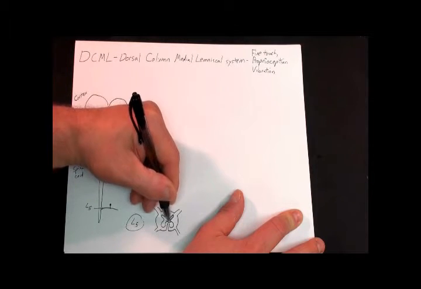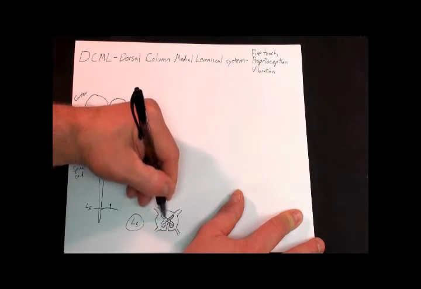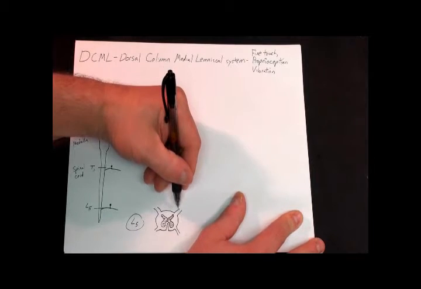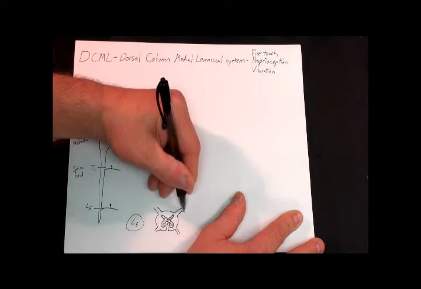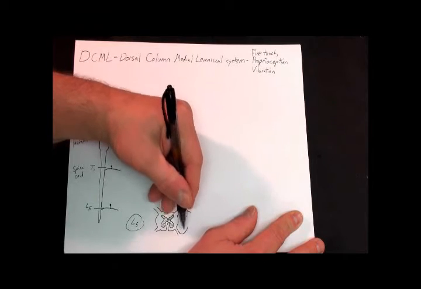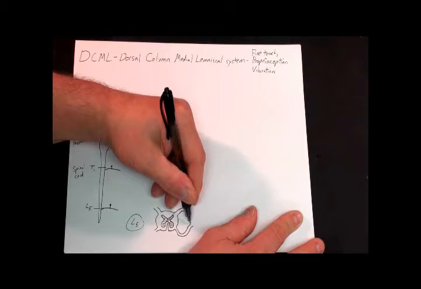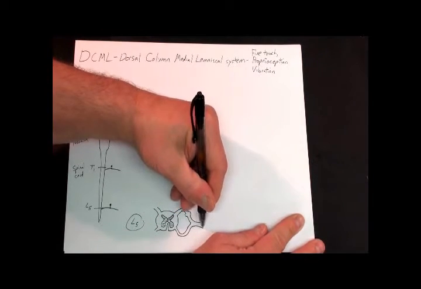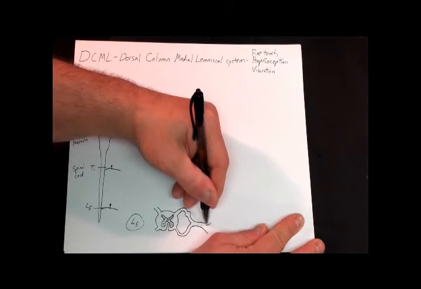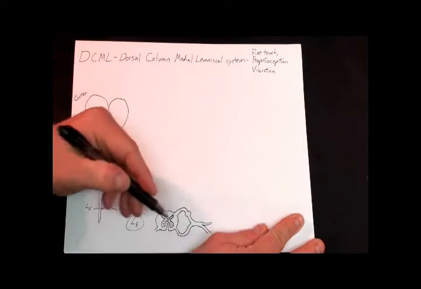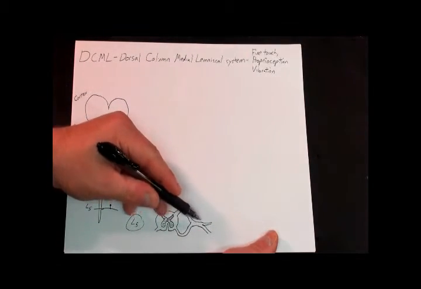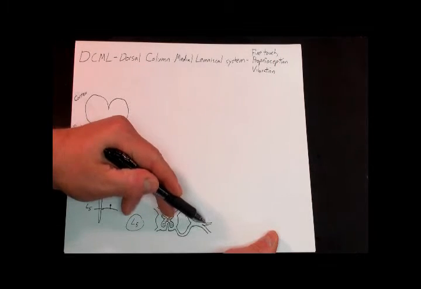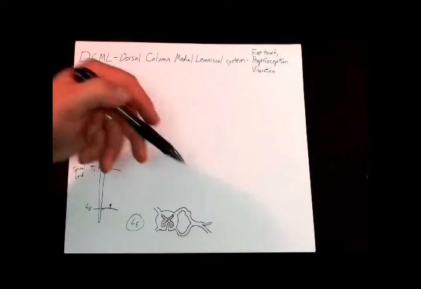I'll shade that in just a hair. And from the spinal cord you've got a dorsal or posterior root and a ventral or anterior root. And you notice here the posterior root has a bulge in it. That's referred to as the posterior or dorsal root ganglion, and that'll be important in a moment. And then these two come together at the spinal nerve and then split into an anterior and posterior ramus.